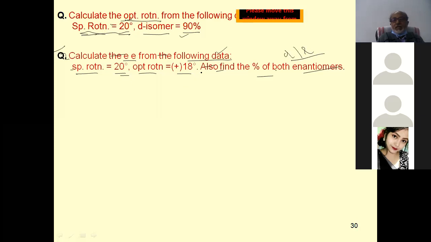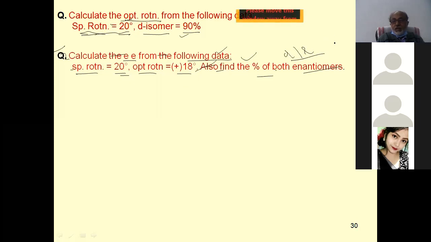And send this solved problem to my WhatsApp number latest by tomorrow. Not that somebody will send it after one week and I will see this one. I am noting down all this. Those who have sent it, all of them got correct except one who has sent it only yesterday or day before yesterday.